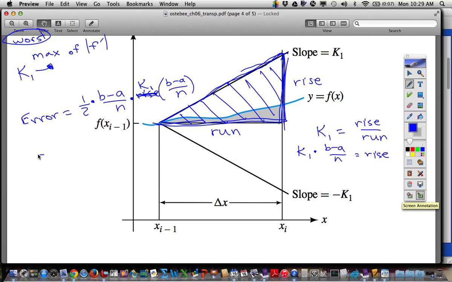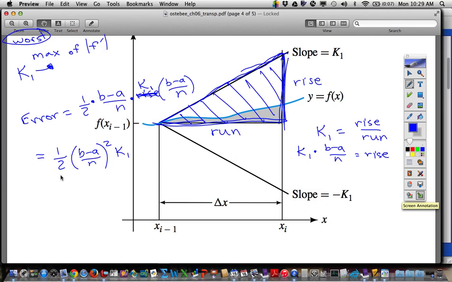So put that all together, and I get 1/2 times B minus A over N quantity squared, times K1. But now that's the amount of error in only one subdivision. How many subdivisions are there?